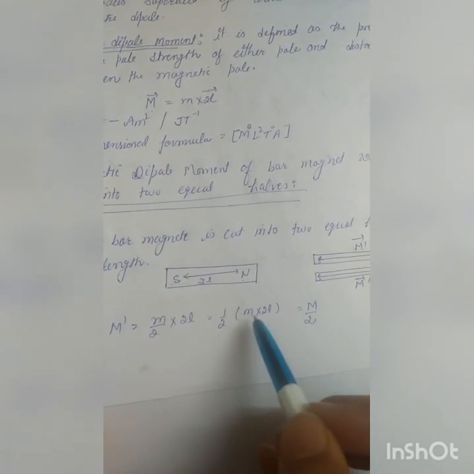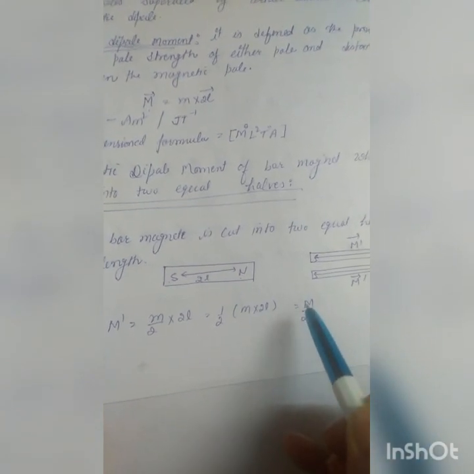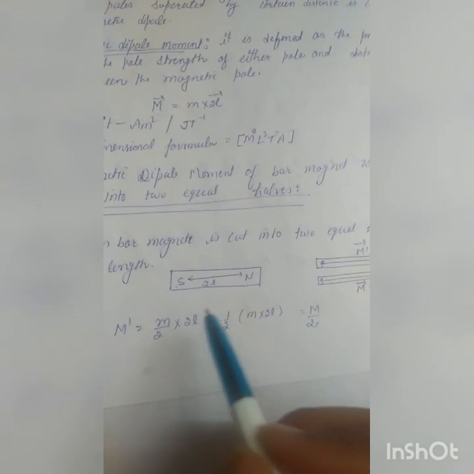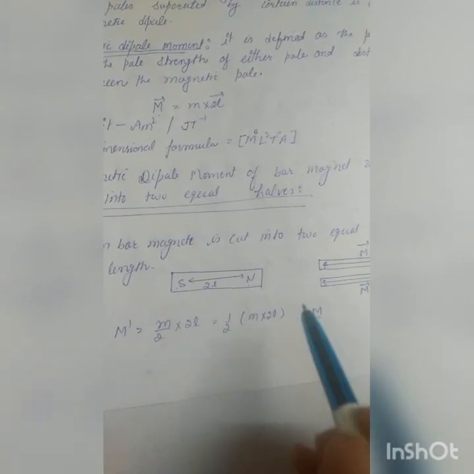Multiplication of dipole strength and dipole length is capital M, which is the dipole moment, divided by 2. So the dipole moment of the cut part of the dipole is M by 2.